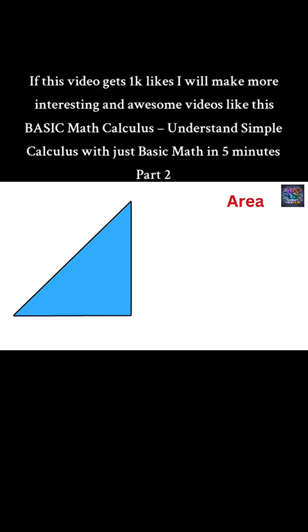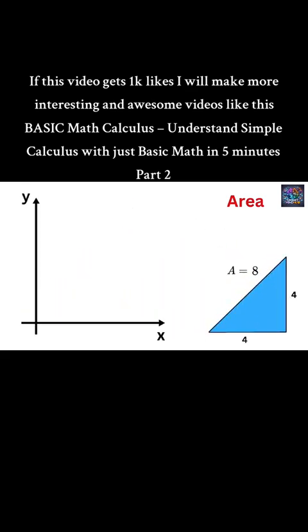Okay, now going back to our case of a right triangle of base and height equals 4, we can represent it by this curve y equals x, right? Where x goes from 0 to 4 and its height, that is the y value at x equals 4, is also 4. So we can calculate its area using integration like this. Integral of x times dx from x equals 0 to 4.